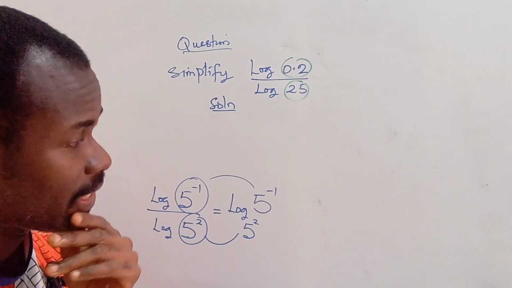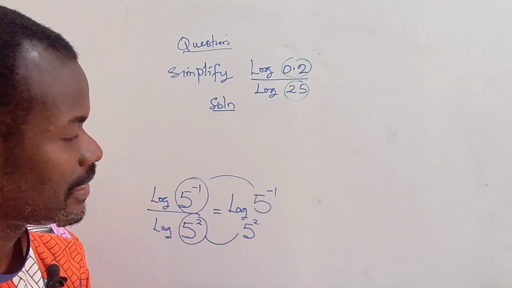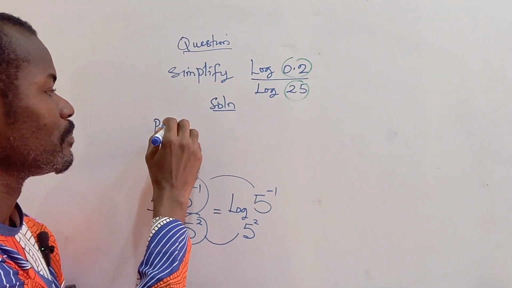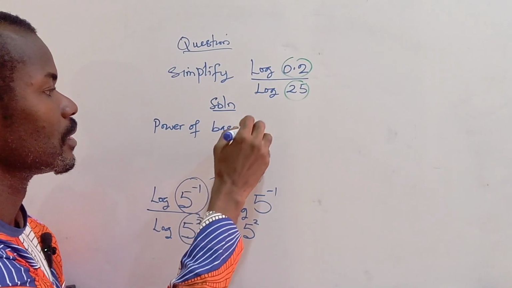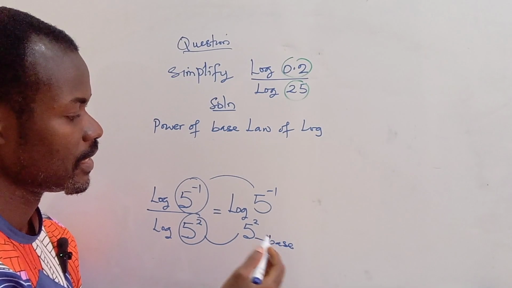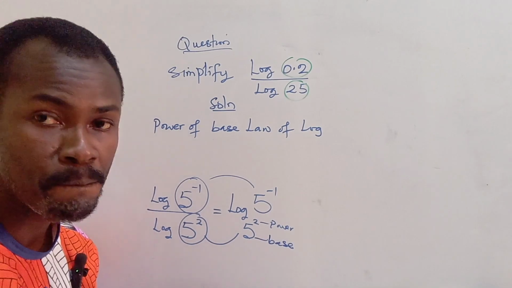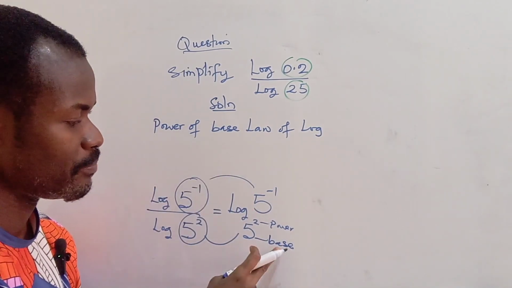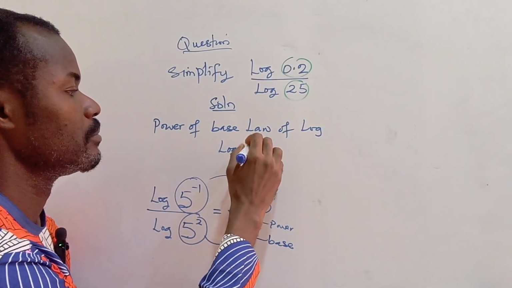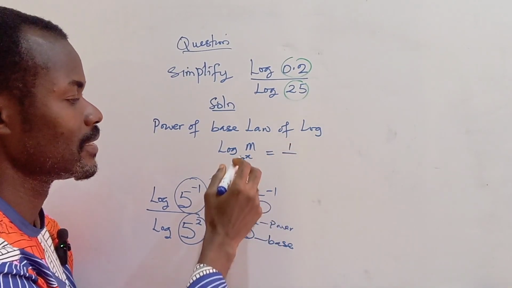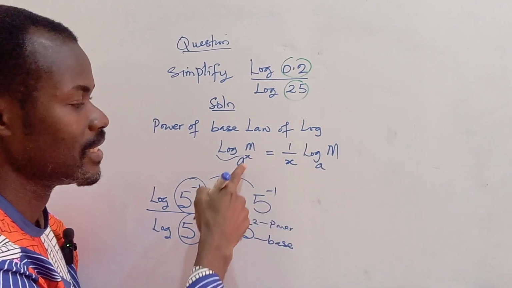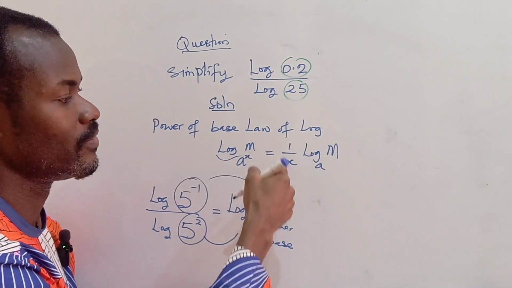The next thing we have to do here is, by careful observation, I can see that we can still apply another law of logarithm. I can recognize the power of base law of logarithm. If we look at this base, it has a power, so we have this law called power of base. Since the base has a power, for instance, if I have log n to base a raised to power x, this x, I'm going to put inverse and bring it in front.